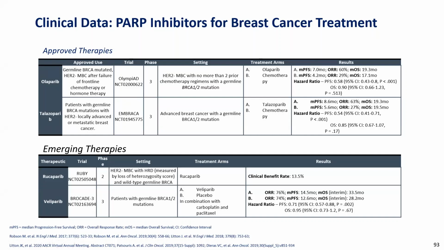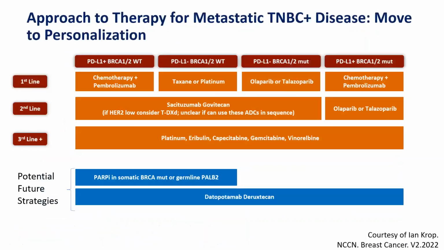Not a home run and no difference in overall survival, but these are pretty well tolerated agents. And so they're being evaluated in combination with other treatment strategies. And they're also being evaluated in non-germline BRCA mutated cancers.